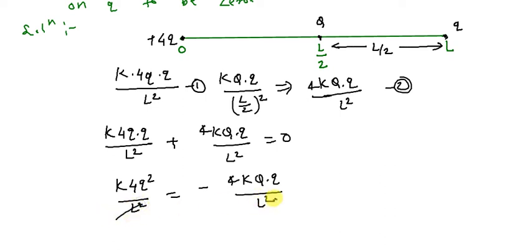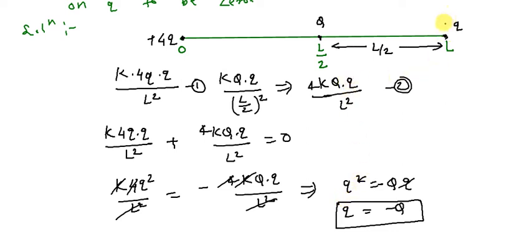So L square cancels, k and k cancel, and the 4 cancels. What you get is that this q will get cancelled with the minus sign, which means Q should be equal to minus q.